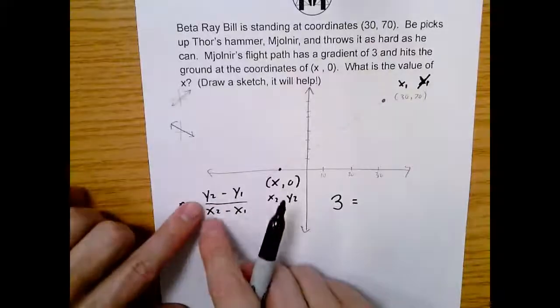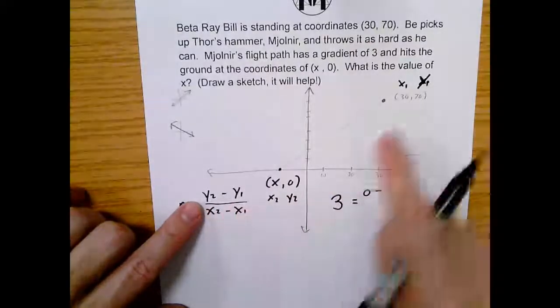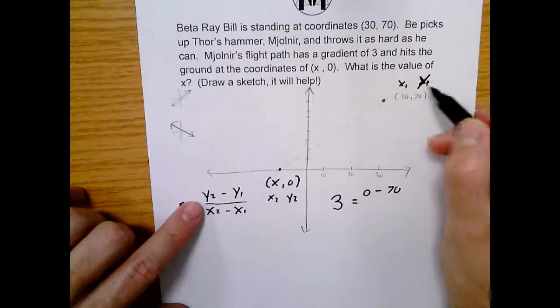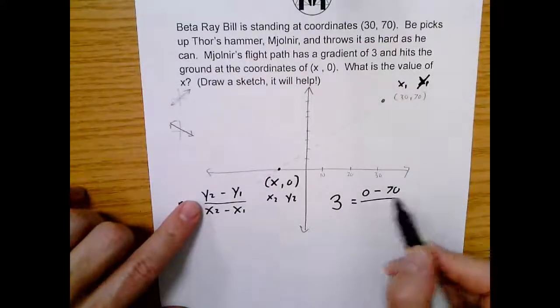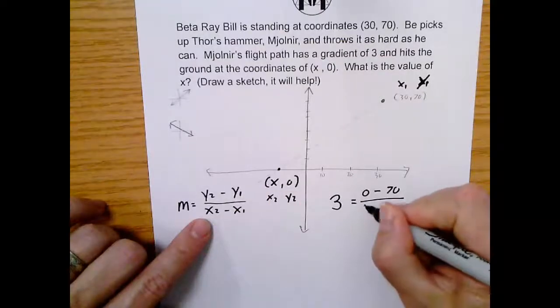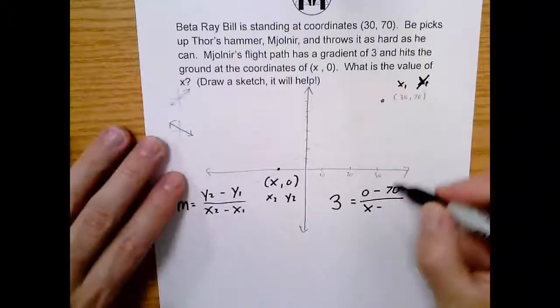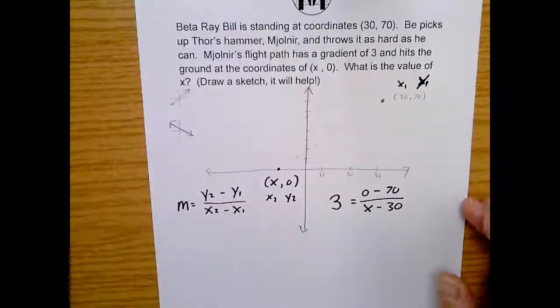My y2 is 0 minus my y1, which is 70. And x sub 2 is just going to be called x, minus x sub 1, which is 30. Got a real doozy here.